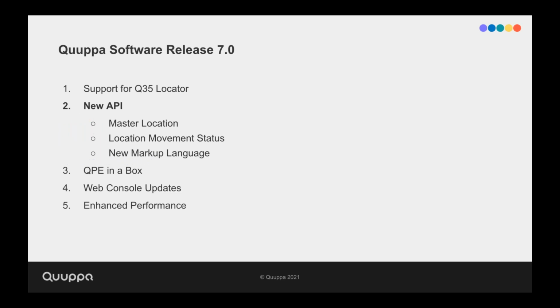Of course, we have the support for the Q35 locator, which we just discussed, but we also have a new API, which consists of some new features, including the concept of master location, the location movement status, and a new markup language. We'll be talking a little bit more about the QPE in a box initiative to help with dimensioning hardware capacity, as well as some updates to our QPE web console and some comments on enhanced performance. So with that said, let's get into it.